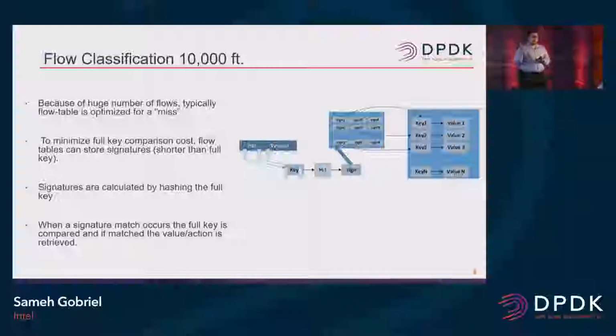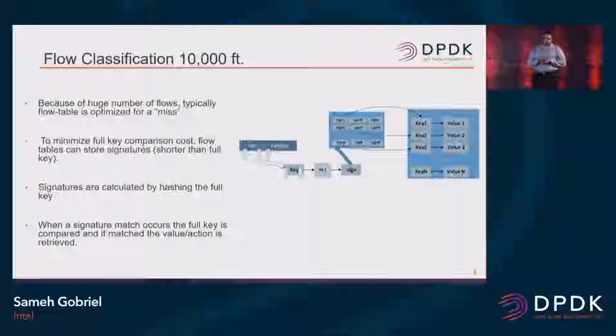So you go in the flow table and get into the bucket and match on the signatures until you find a signature match. And once you find a signature match, then you do a full key comparison to get to a hit or a miss. The idea here is instead of doing full key comparisons on all the suspects, you only match the signatures, which will be fewer cycles. And when there is a possible signature match, then you jump into a full key comparison.